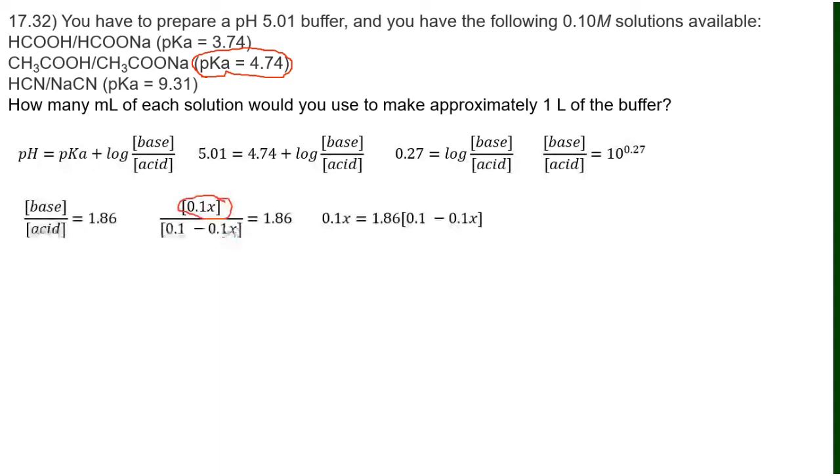So if we multiply this across, we get 0.1x equals 1.86 times 0.1 minus 0.1x. We factor 1.86 through there, and we get 0.1x equals 0.186 minus 0.186x. And then all we need to do is add that 0.186x across to the other side. That should get us in a pretty good situation to solve the rest of this equation.